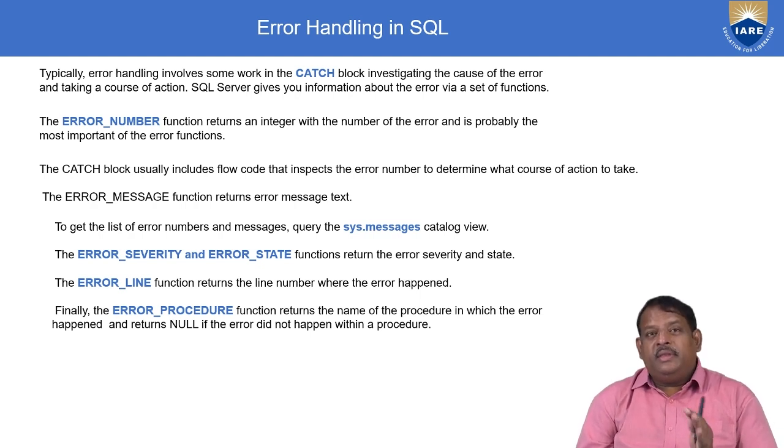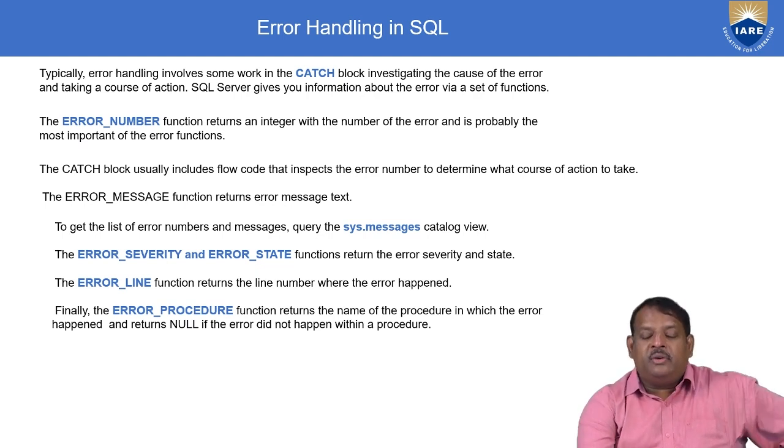So basically, in this slide, we are seeing the use of the error functions. For every error, there will be a default number allotted by SQL Server. Similarly, the error message will tell you the exact error in characters. The error number will be an integer, which you will not understand much because numbers don't make sense.